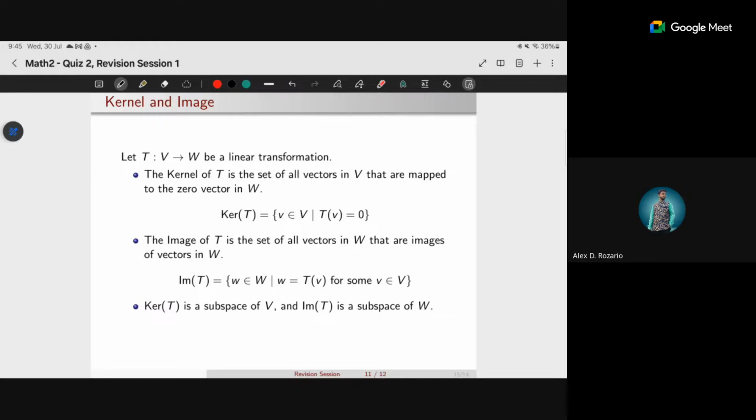And image T has to be as big as possible, and as big as possible is the entirety of the codomain. As someone was saying earlier, if the range is equal to the codomain, then we call it surjective. In other words, if the image, the subspace image of T, is equal to the codomain vector space, then we call it surjective. So these are the two subspaces of V and W respectively, which are related to injectivity and surjectivity.